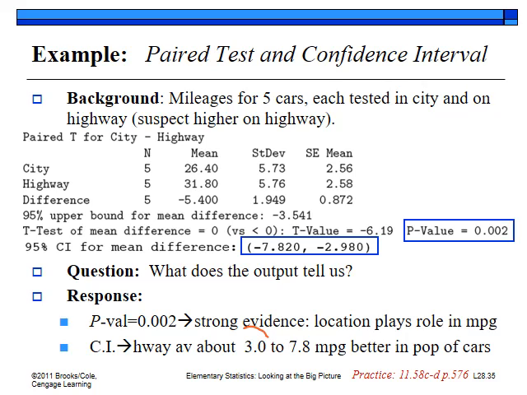So again, that 3 is coming from that negative 2.98, and the 7.8 is coming from the negative 7.82. I know that we need to switch these because our output tells us that we're doing city minus highway. That's what tells us that the highway average is higher.